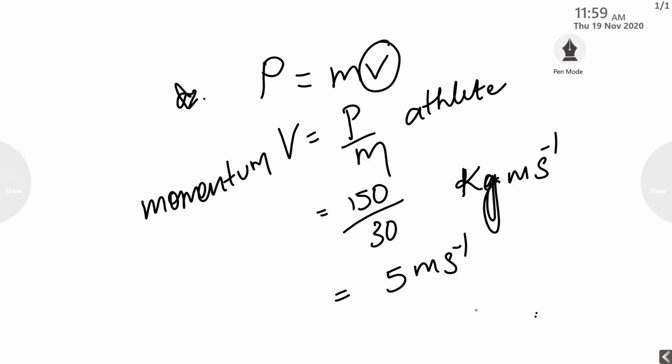So how can you solve this? Ma'am, can you repeat? Accelerating a 1 kg mass at 10 meters per second squared, or a 2 kg mass at 4 meters per second squared.